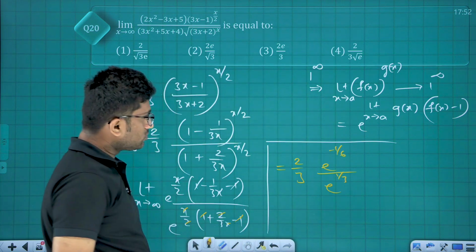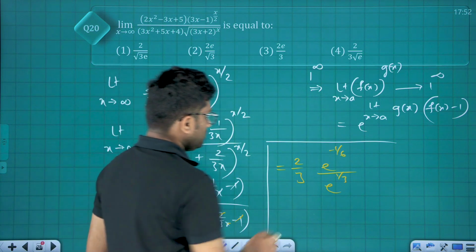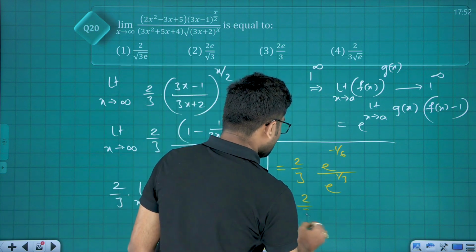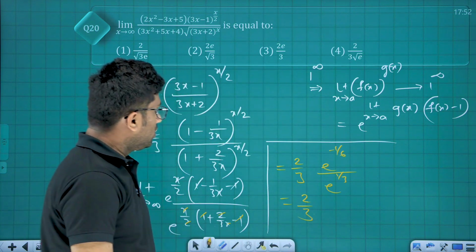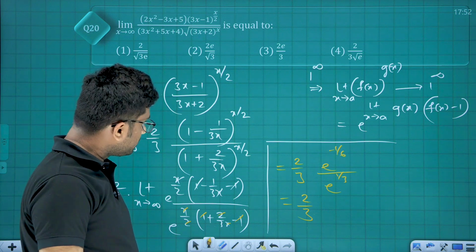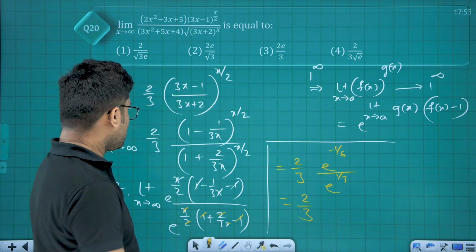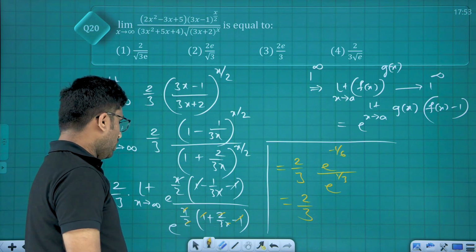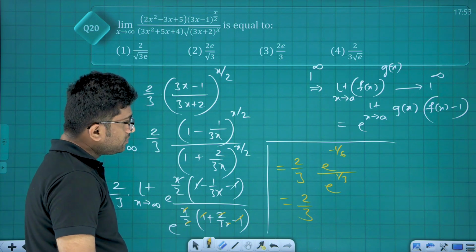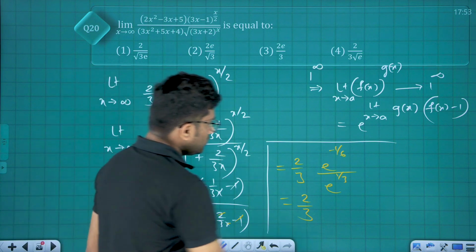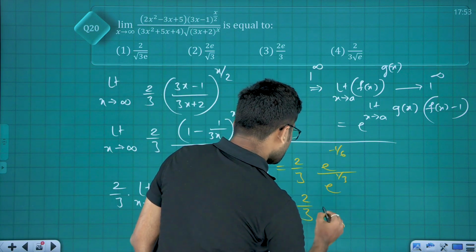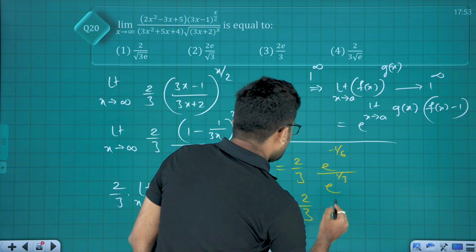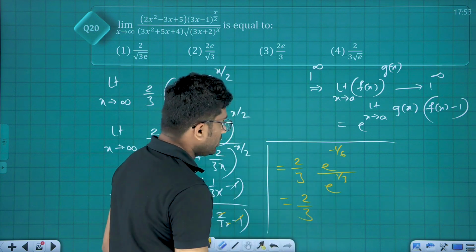So now 2 by 3 times e power minus 1 by 6 divided by e power 1 by 3. So that becomes e power minus 1 by 6 by e power 1 by 3.